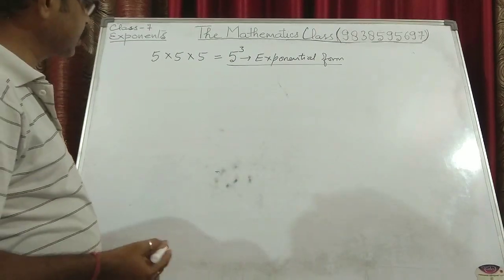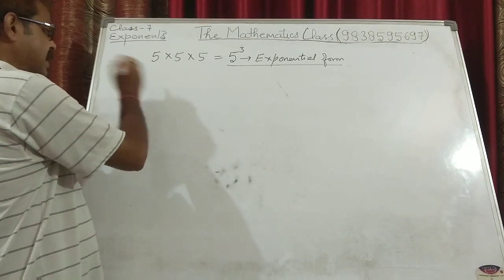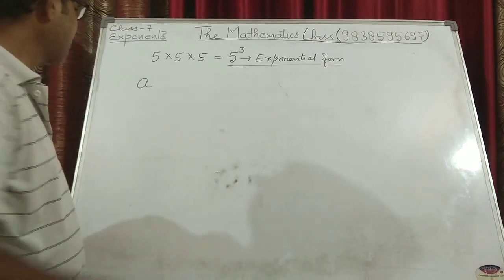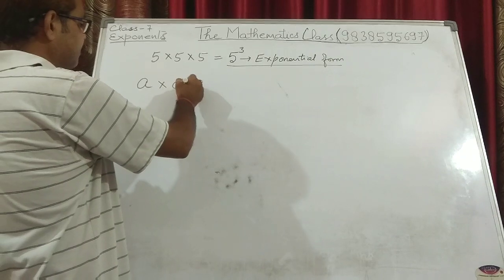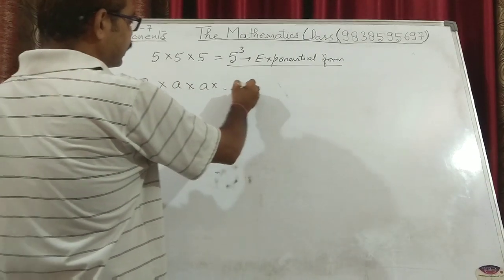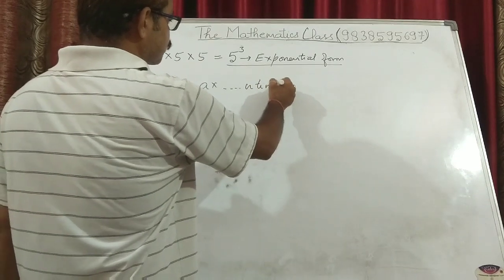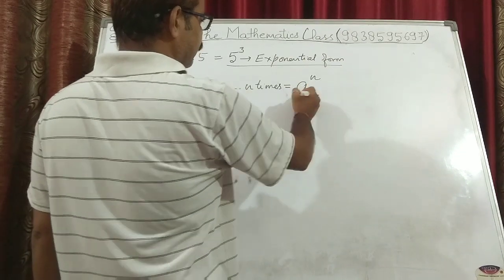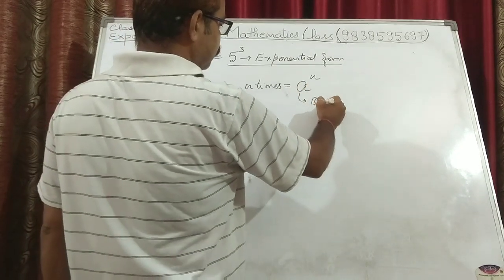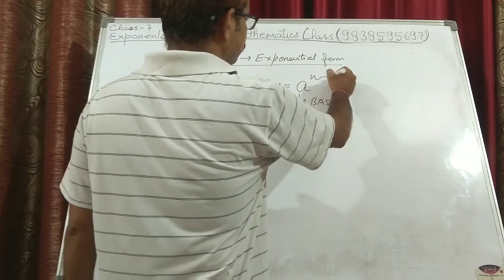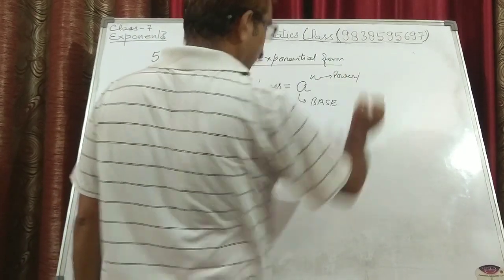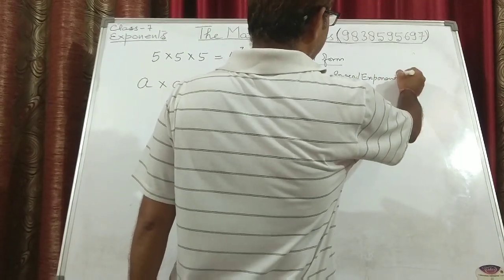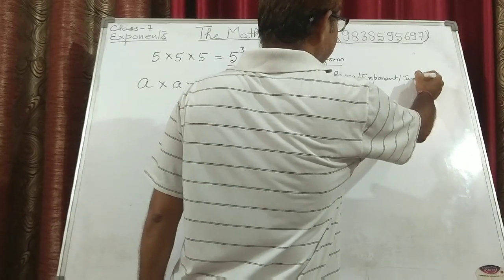What is that? In general, if there is a number, any number a, which is multiplied to itself n times, how many times? n times, this can be written as a to the power n, where a is known as the base and n is known as the power or exponent or indices or index.